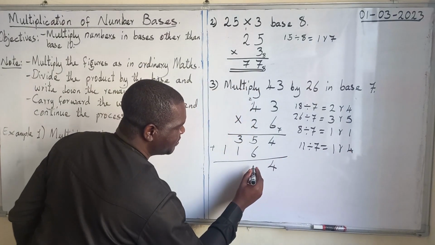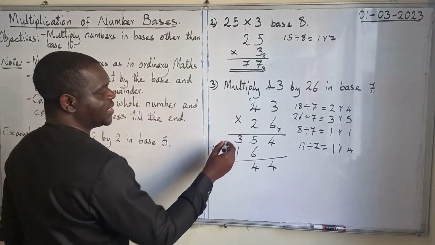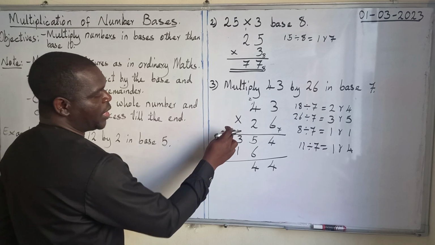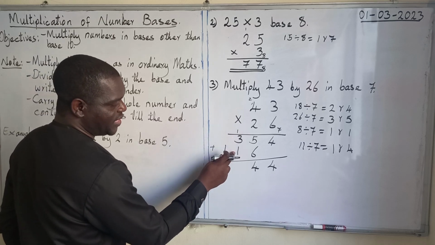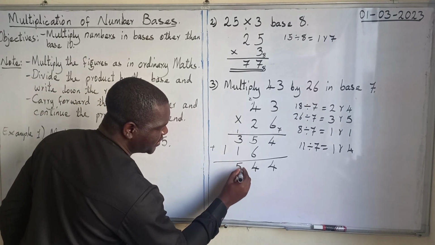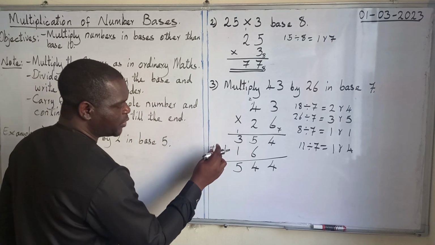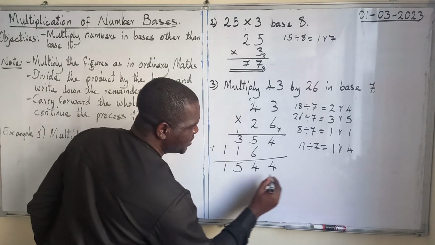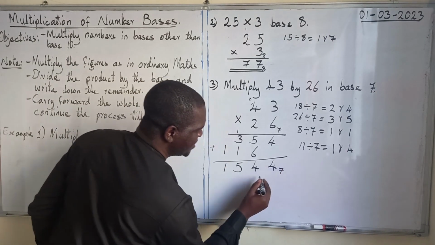You write the remainder first, which is 4, and carry forward 1. 1 plus 3 is 4. 4 plus 1 is 5, which is less than the base. And here 0 plus 1 is 1. So this is your answer in base 7.